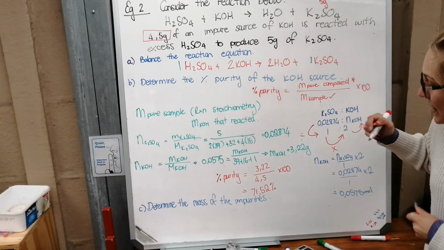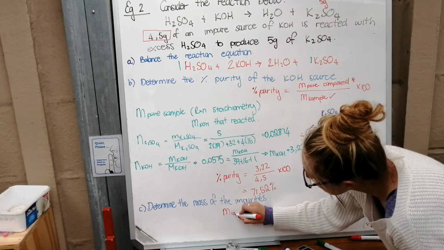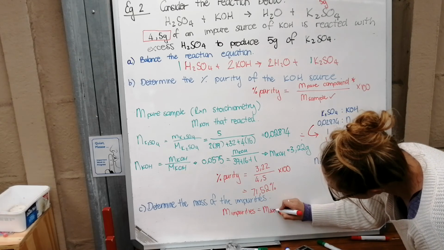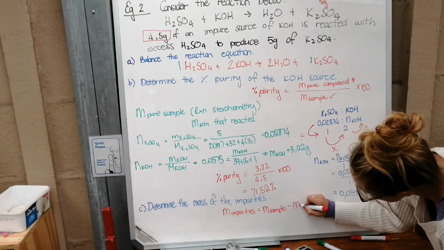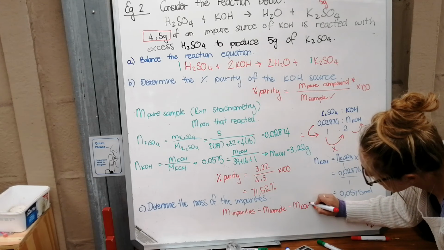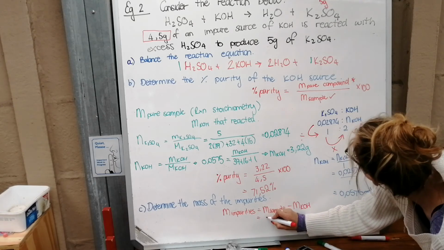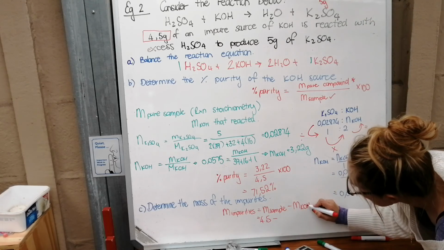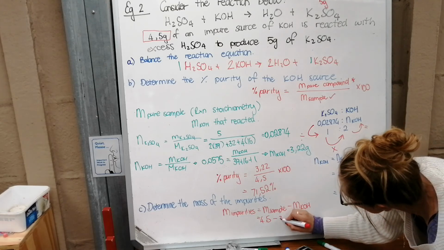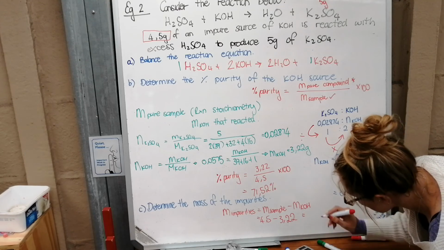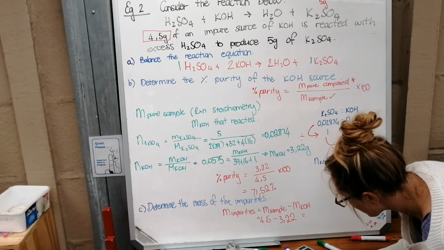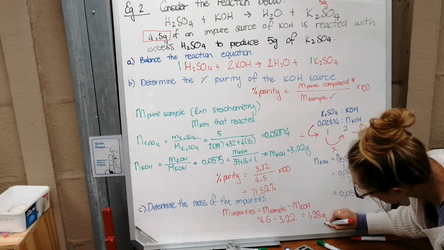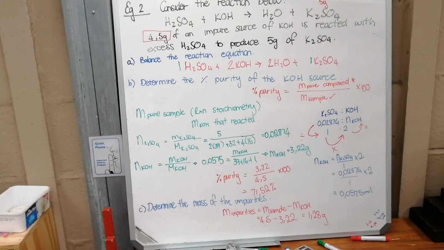So for this, we simply have to say that the mass of the impurities is going to equal the mass of our sample minus the mass of our pure compound, or just the mass of potassium hydroxide. Our sample was 4.5 grams, our pure compound was 3,22 grams, and we get 4.5 minus 3,22, that's 1,28 grams of our potassium hydroxide sample was impurities.